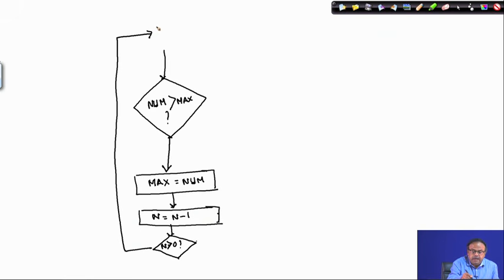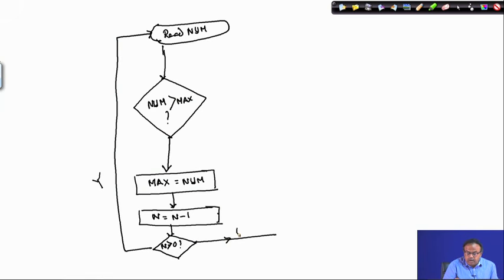And again read a number, right. Read num, and this will go on as long as n is greater than 0. If n is not greater than 0, no, then I will come and print the max, right.